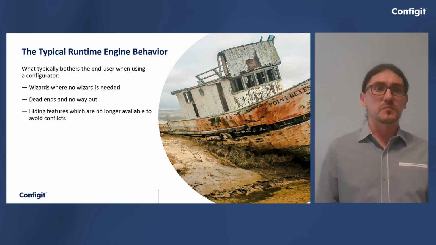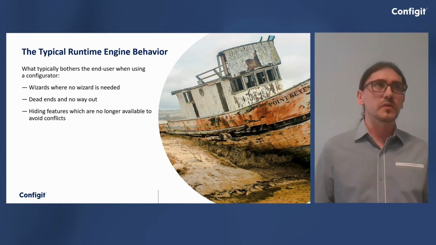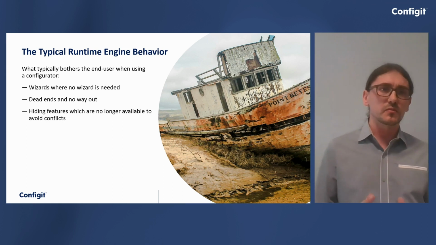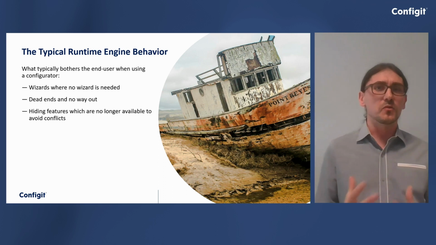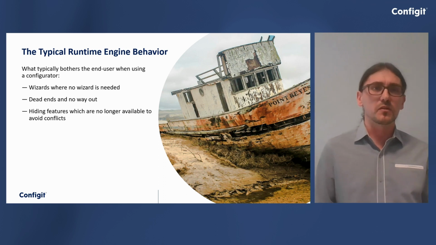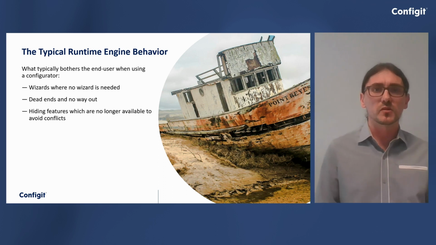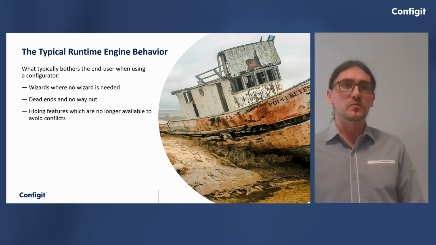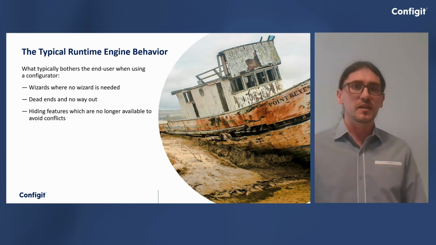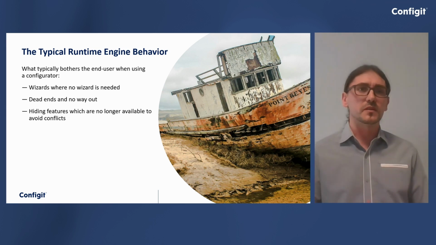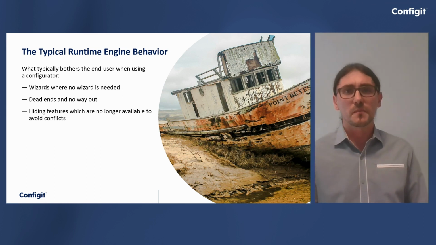Also, dead ends would be very bad if you enter a situation where the configuration engine says, sorry, that's not possible, and you have no way out to figure out what you have to remove to get this option. So you have to maybe reset the whole configuration and start again. And that's, of course, time consuming if you already have done 20 selections or even more.